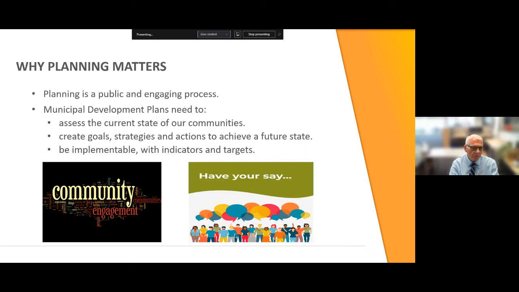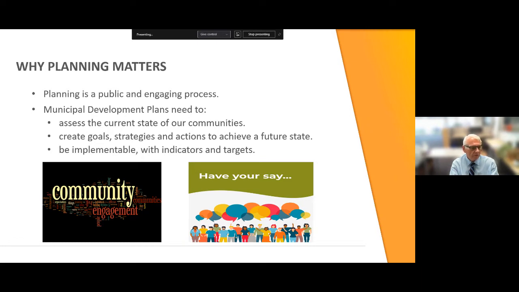The other important part of reviewing any document like these documents is that it's a public engaging process. So we have these broken out into different steps, whereby the initial one is to inform the public. Here's what the documents say. Tell us what your thoughts are in terms of the kind of vision.